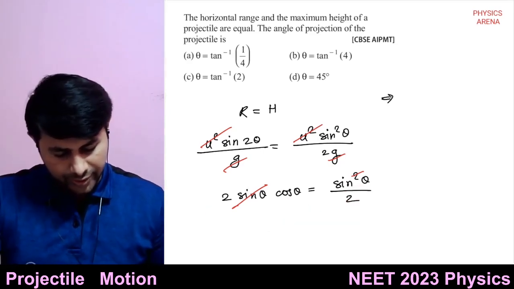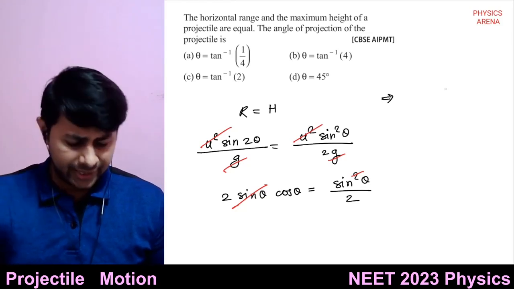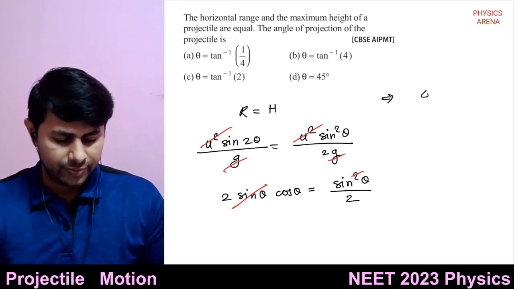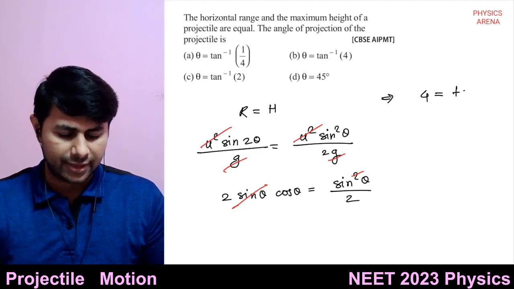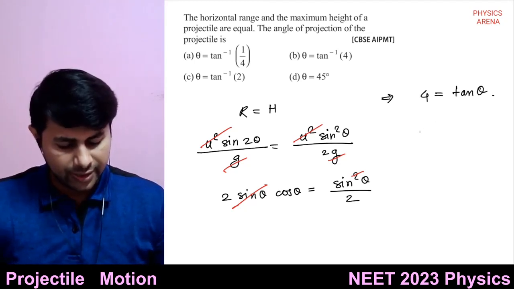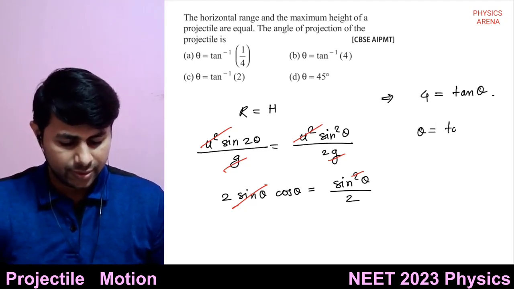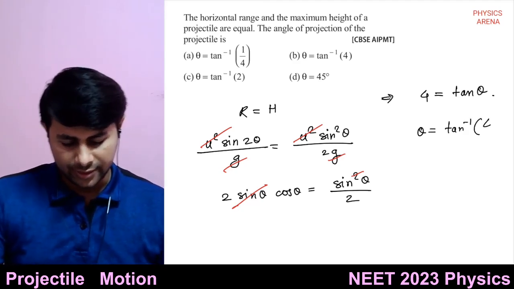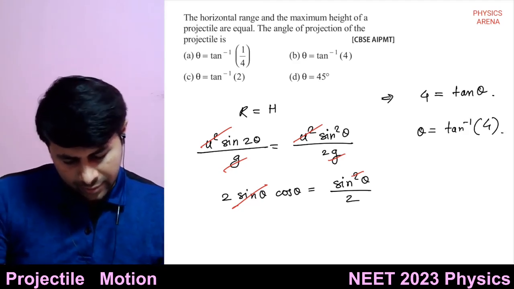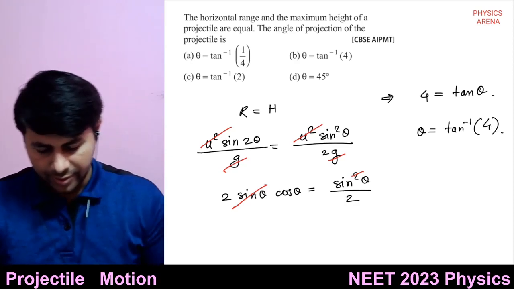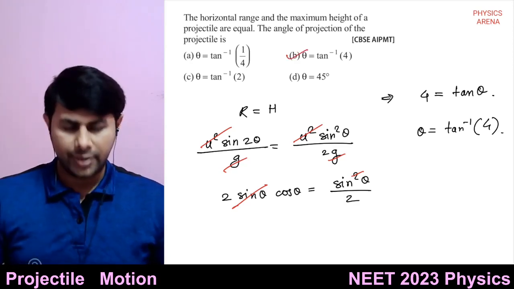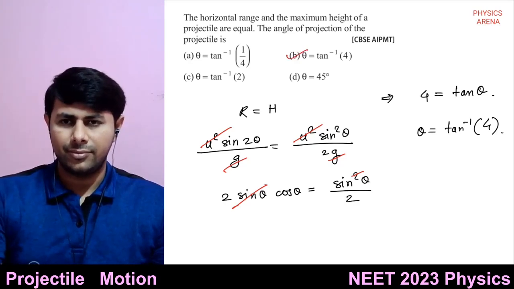So you get what? Sine theta upon cos theta is 4. So 4 is equal to tan theta, and therefore theta is tan inverse of 4. It is the answer, option B. Okay, simple question.